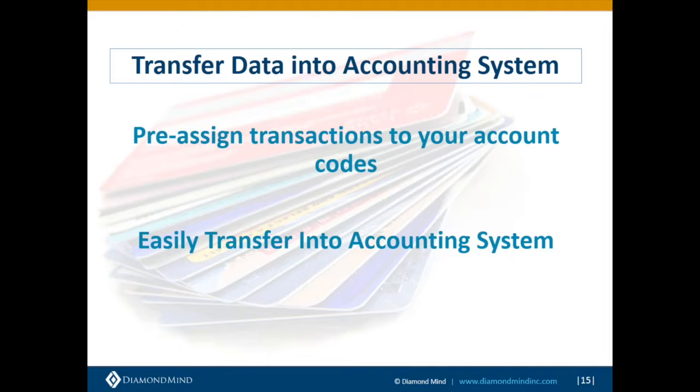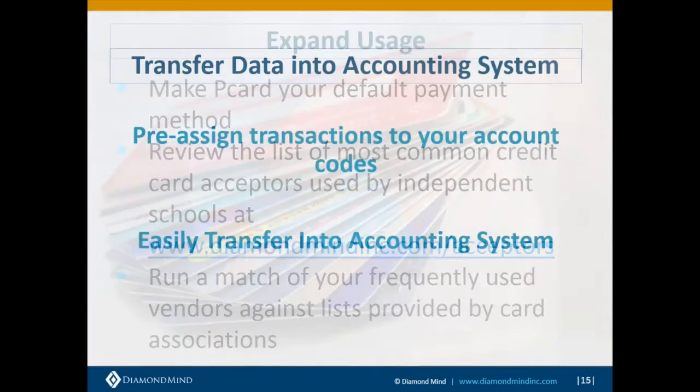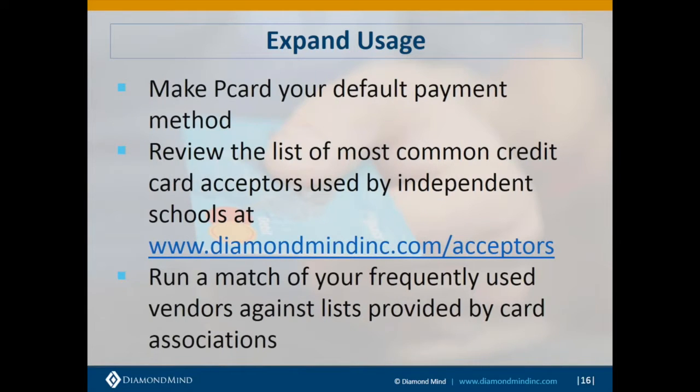So once we have all of those things in place, we really want to think about how we can expand usage as well. We want to make PCard the default payment method. If folks are making purchases for the school, you really want them to be using the purchase card. And if you have questions about which merchants or vendors accept credit cards, you can review the list of most common credit card acceptors by independent schools.